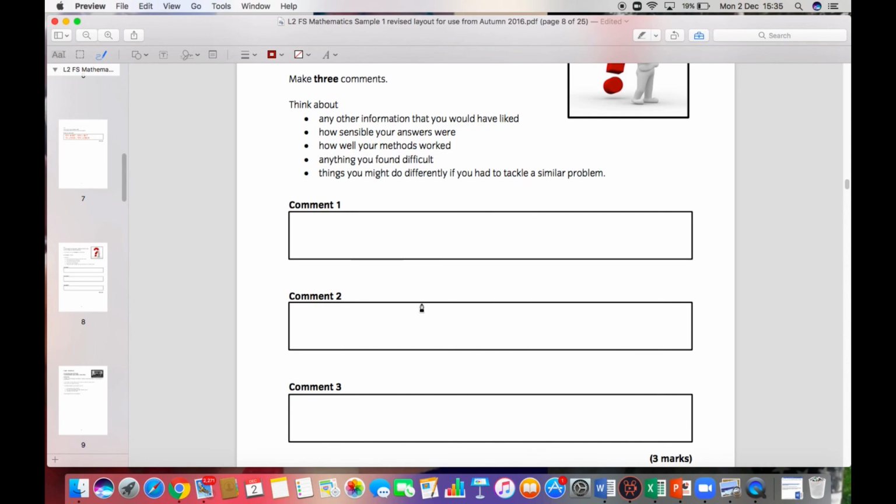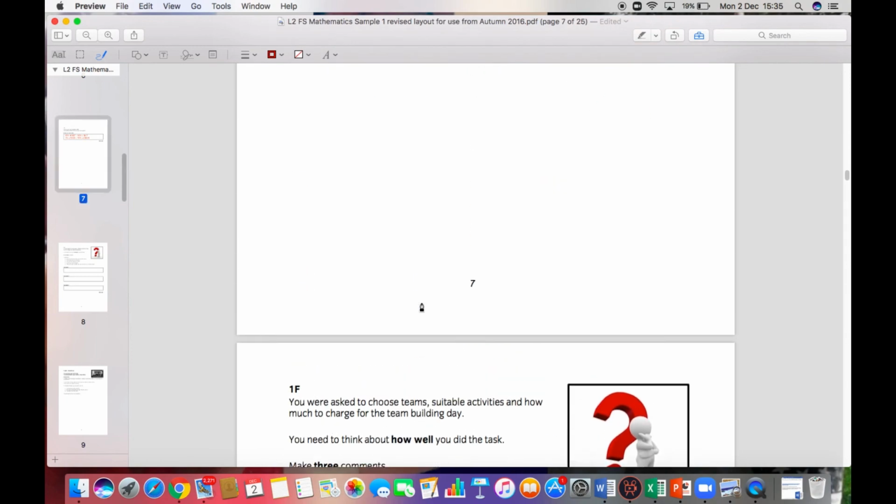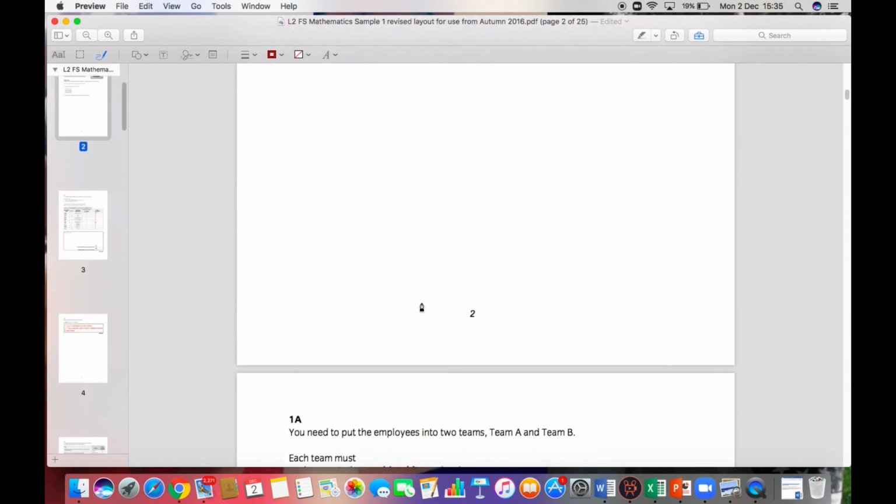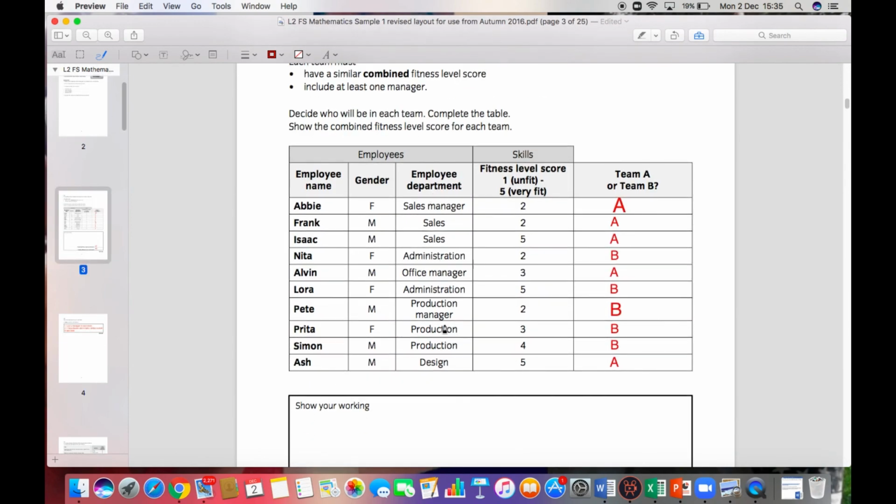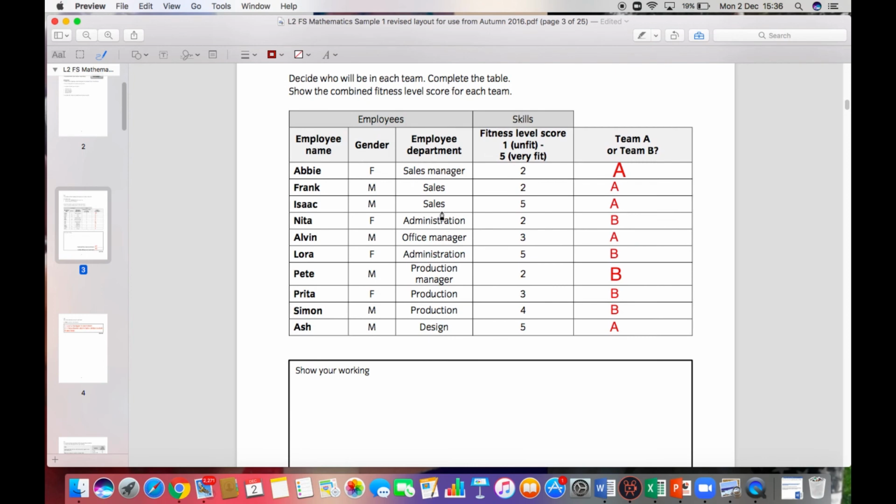Okay, so first of all, let's just check. Let's go back a minute. If we look at our first one, we're not given any ages for these people. So although she's an administrator, Nita could be like 60 years old and not really be able to do much tree climbing.